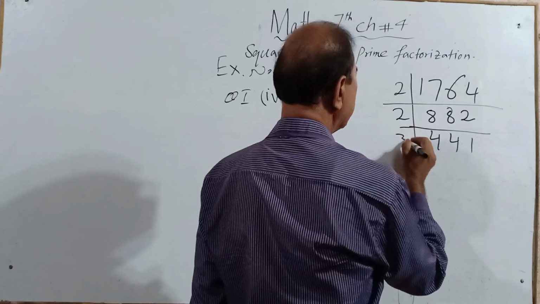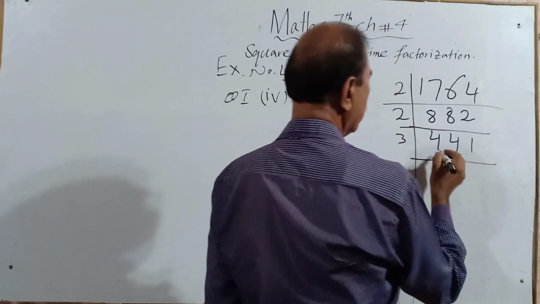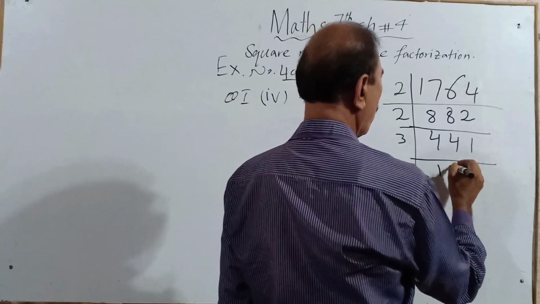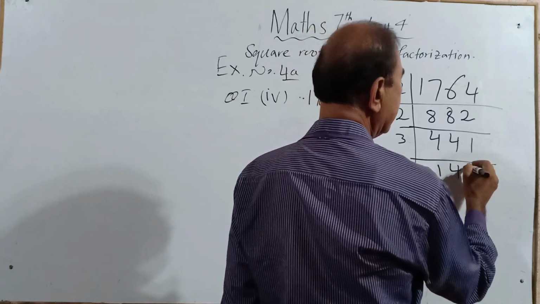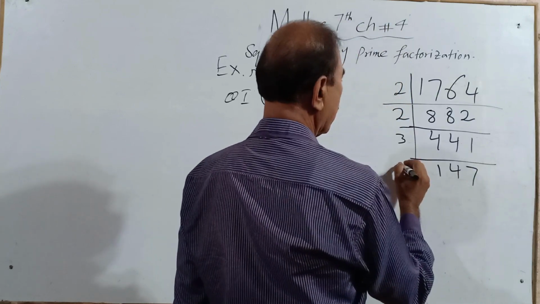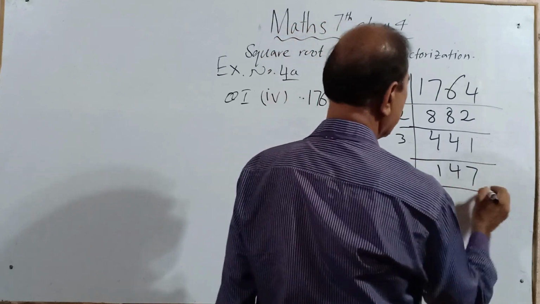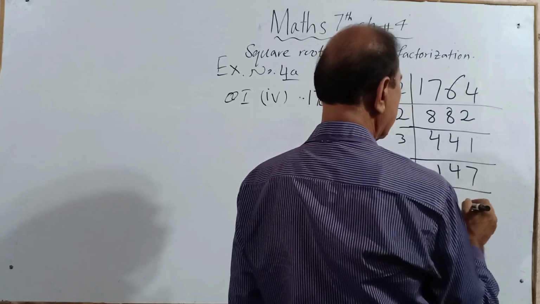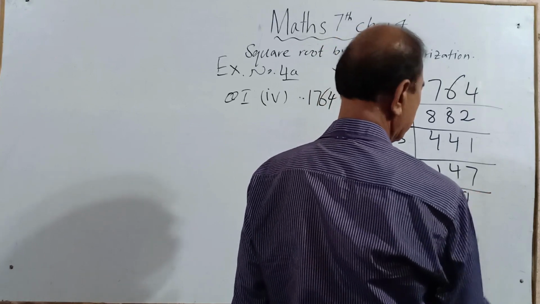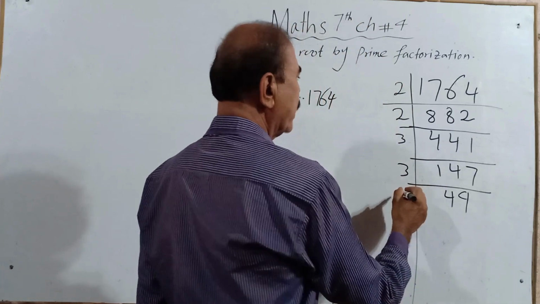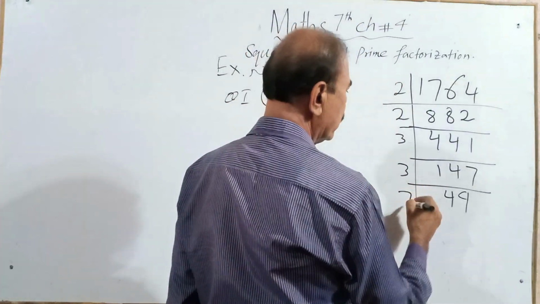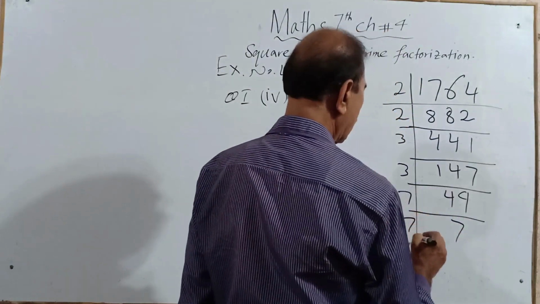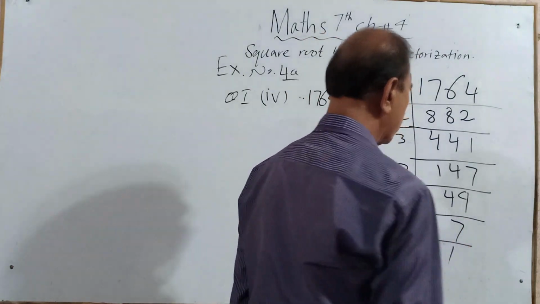Now divided by 3, 147, 3, 49. Then you have to divide it by 7. 7 sevens are 49. Again 7 divided by 7 is 1.